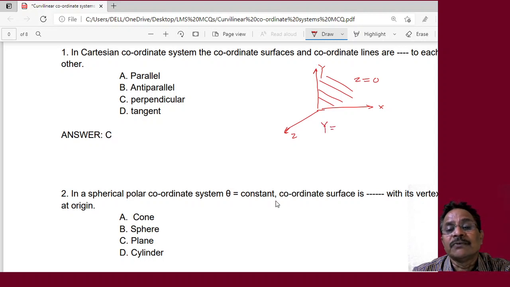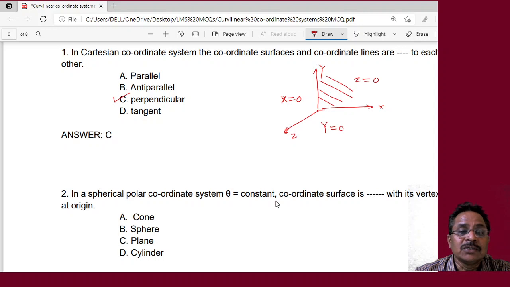This is coordinate surface y equal to 0, and this is coordinate surface x equal to 0. All these 3 surfaces are perpendicular to each other, and where 2 surfaces intersect each other, we get what is called a coordinate line. So the coordinate lines and coordinate surfaces are found to be perpendicular to each other, and therefore answer C is the correct answer here.